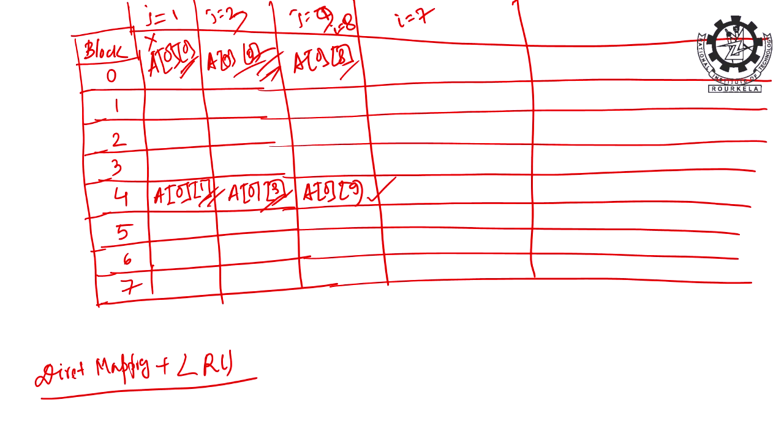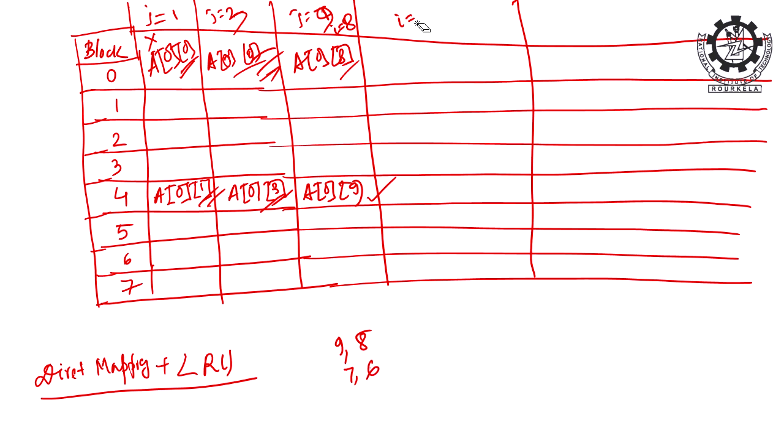Then you have to identify whether the 0th block or the 4th block needs to be replaced. Okay. So, if you see I equal to 7, why 7? It was starting from 9, 8, then it will be 7 and then it will be 6.